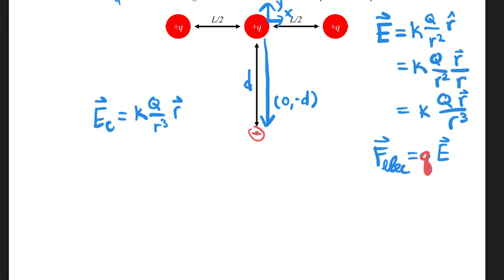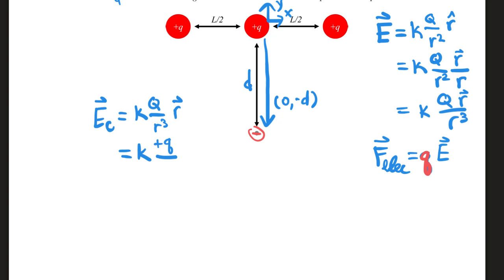So if we write this out in our equation, we have E equal to k and q. Here we have that positive q, that charge up there, over our r cubed. This r down here is the magnitude of this vector, which only has one component, and the length of it is just d.